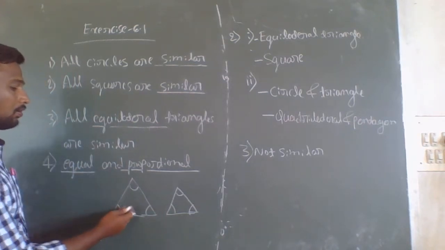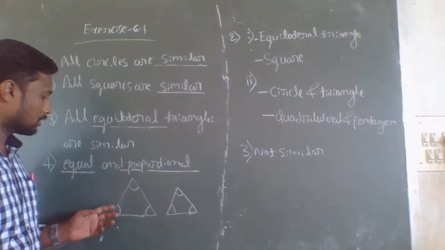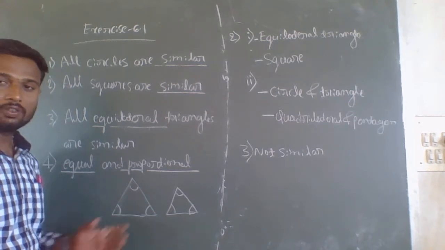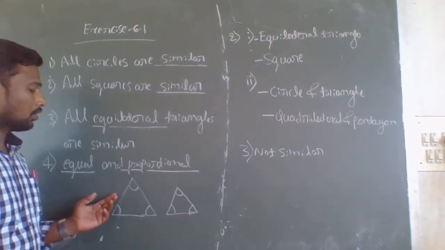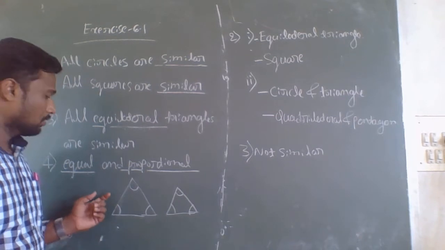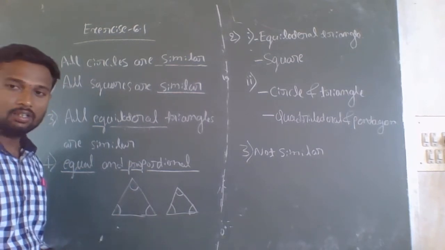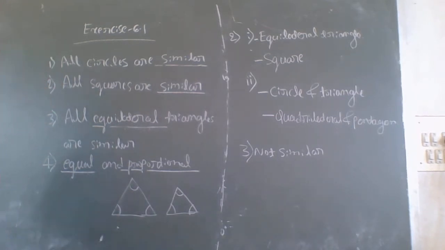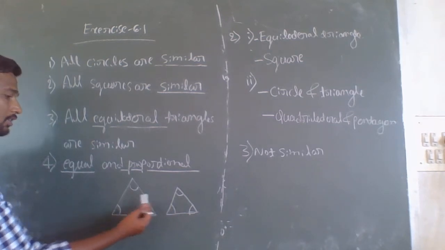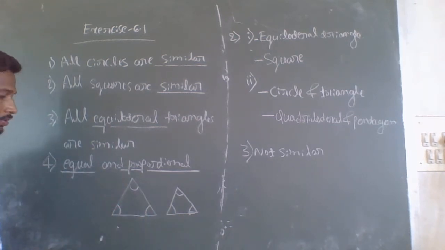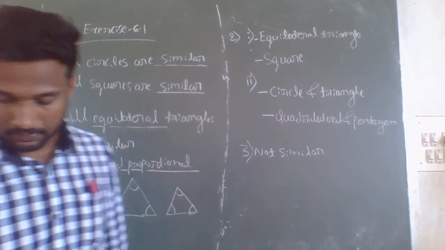Therefore here all the angles being equal means the corresponding angles are equal to each other, and all the sides being equal means the corresponding sides are proportional. Therefore all the equilateral triangles are similar. Okay, next question.